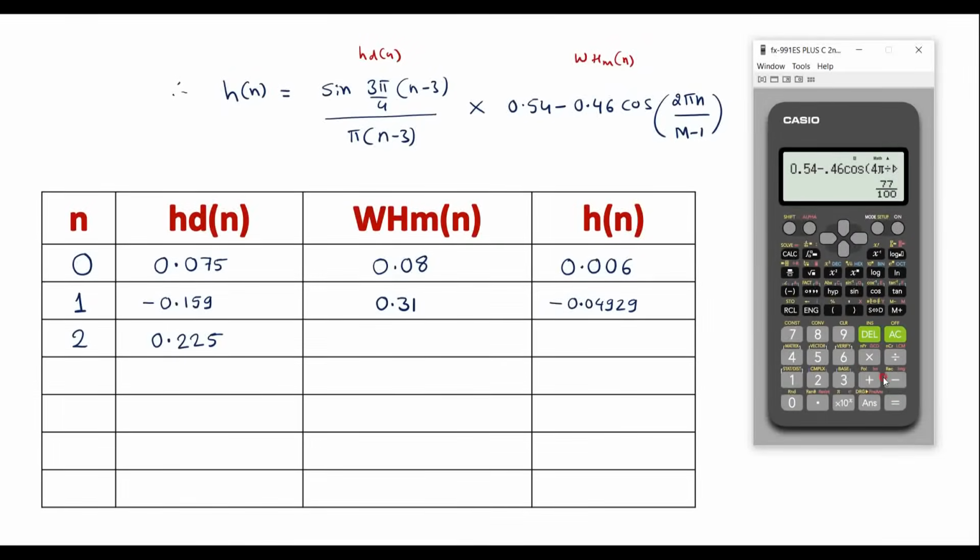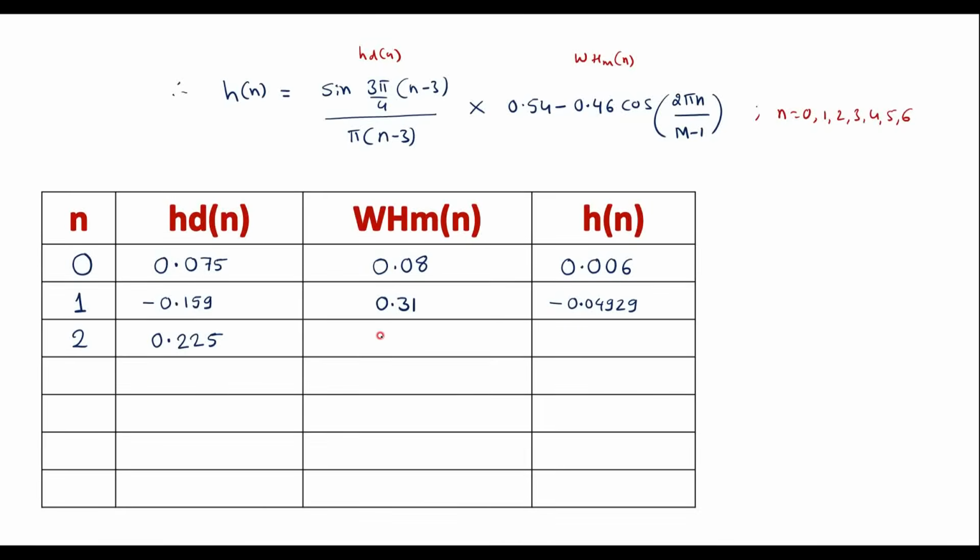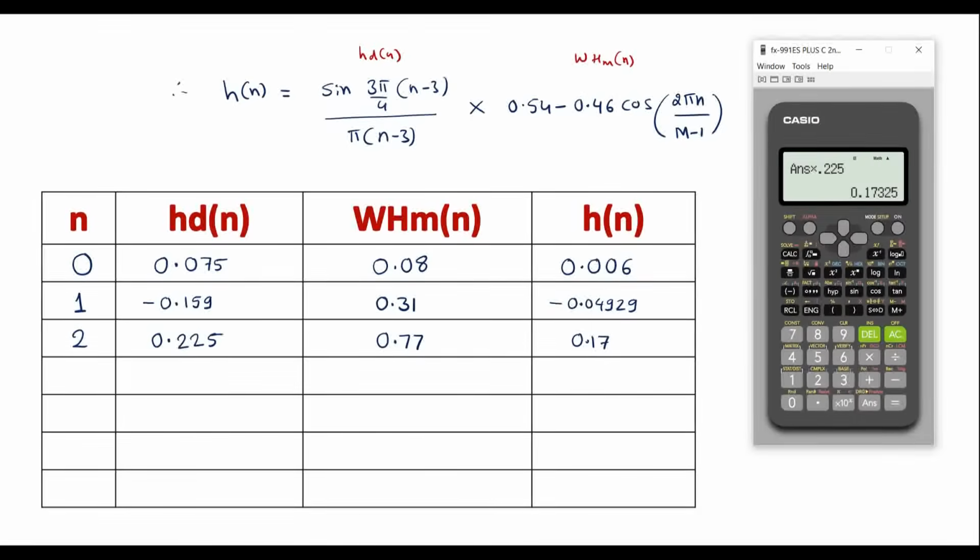So the result will be 0.77. If you multiply with 0.225, we'll get 0.17325. So therefore I can write it as 0.1733.